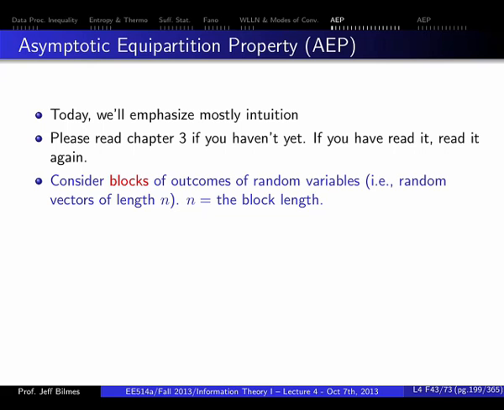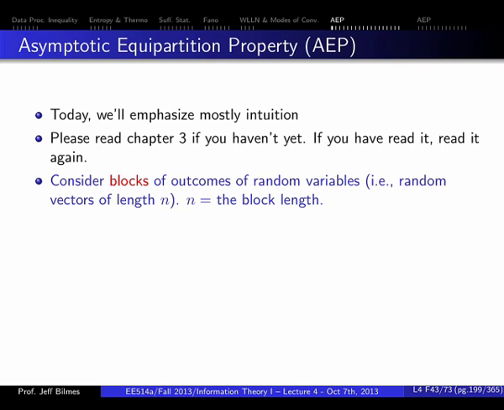So what we're going to do is consider blocks of outcomes of random variables. Like we're going to partition the possible set of outcomes of random variables. We've got a set of n random variables, and let's say that they're IID. They could be binary, but they may not be binary. Consider a vector of n random variables and all the possible assignments. If it's a binary random variable, then there's 2 to the n possible assignments.